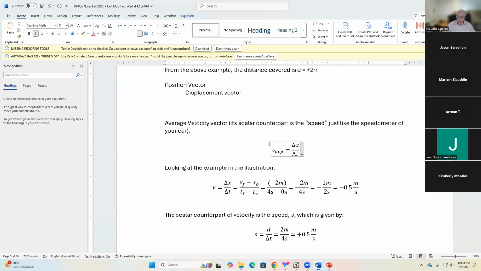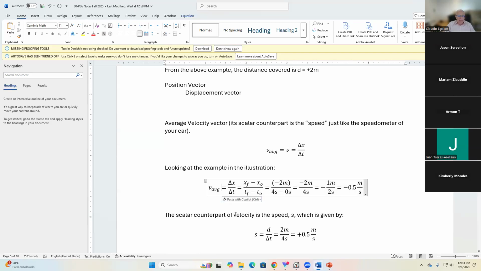That would be the symbol for average velocity, but there's another symbol for average velocity too. Oftentimes, any average quantity, we can either denote by a subscript AVG downstairs or this bar at the top. If you prefer to use this one, that's fine. If you prefer to use the other one, it's fine as well, okay? And the scalar counterpart of the average velocity is the average speed.